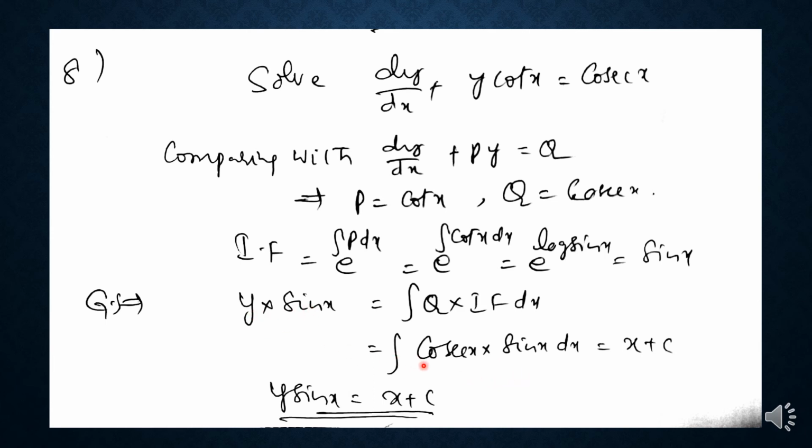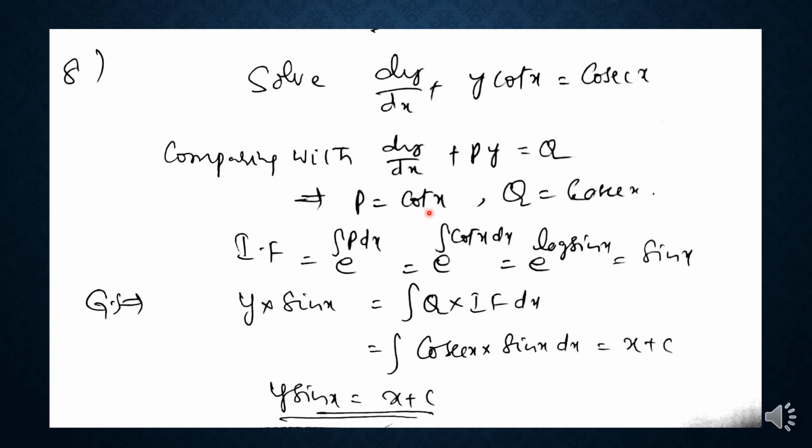So y sin x is equal to integral cosecant x, which we know is 1 by sin x, 1 by sin x into sin x dx, is equal to integral dx, that is equal to x plus c. So y sin x is equal to x plus c is the solution for the differential equation dy by dx plus y cot x is equal to cosecant x.